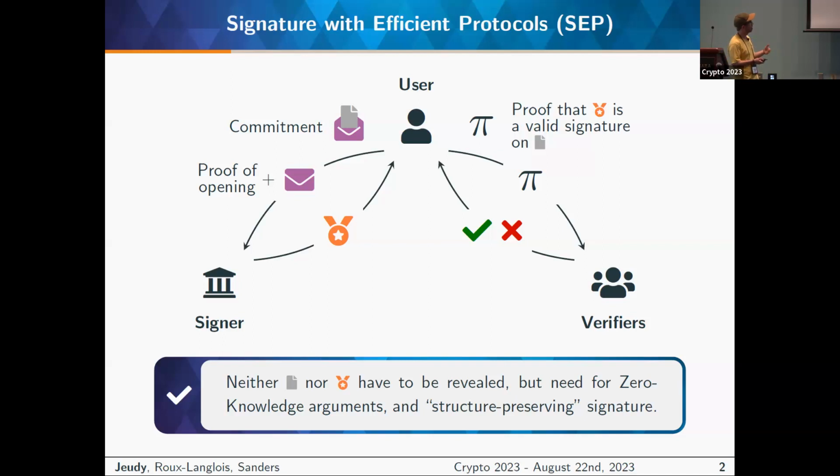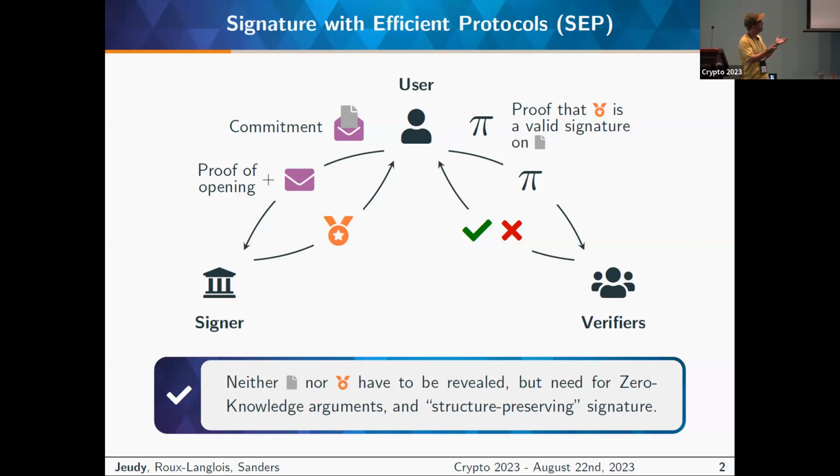And now we also have a big constraint coming out of this is that the signature verification must be provable in zero knowledge. So this already discards random oracle-based signature schemes because the random oracle will not interact well with zero knowledge proofs. So assuming we have these constraints met, we have managed to hide all the information we wanted in the signing process and also in the verification process.